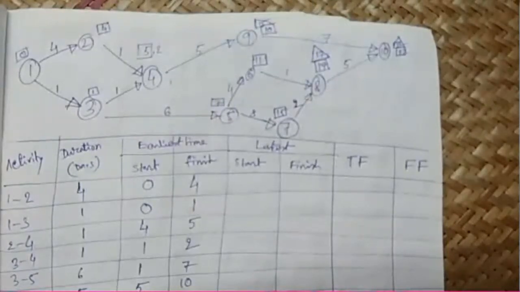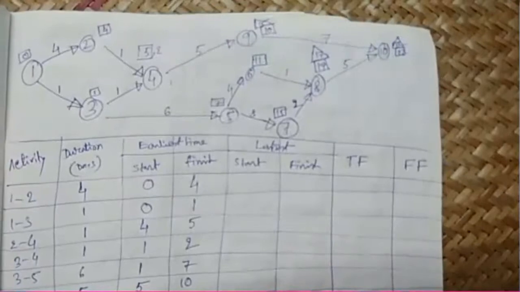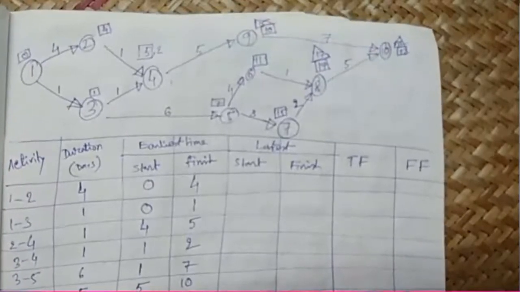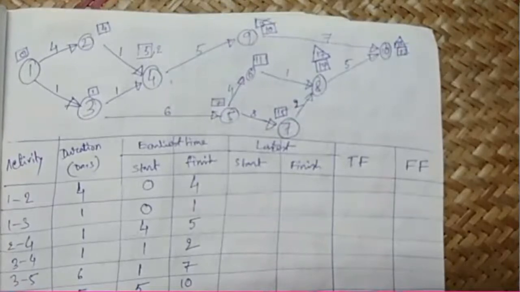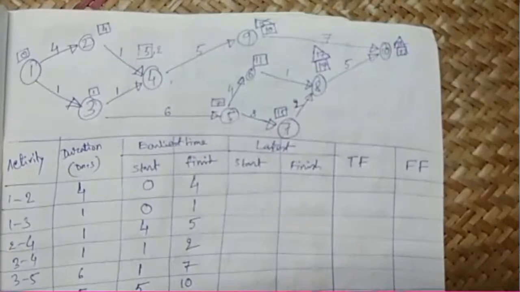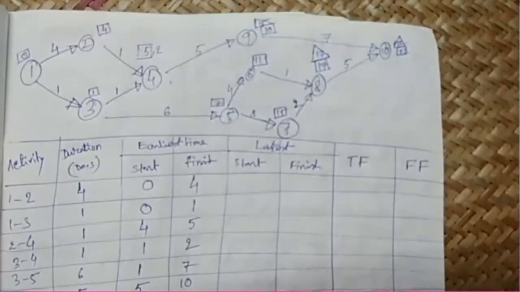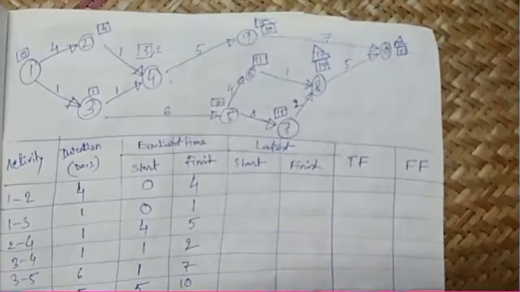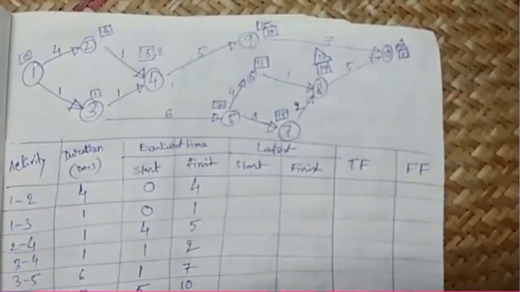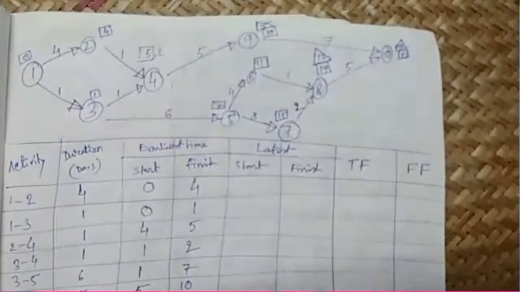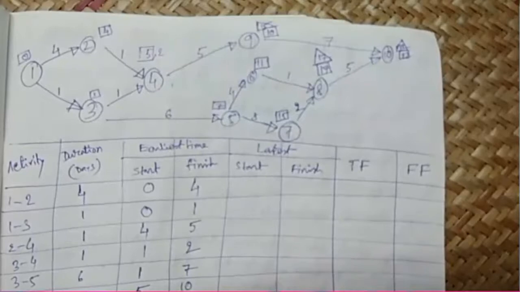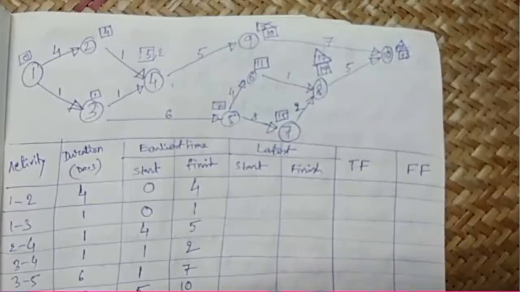So 17 minus 2 will be 15. Similarly for 6 8, the latest finish is 17, so the latest start of 6 8 will be 17 minus 1, which is 16. Yeah, right.